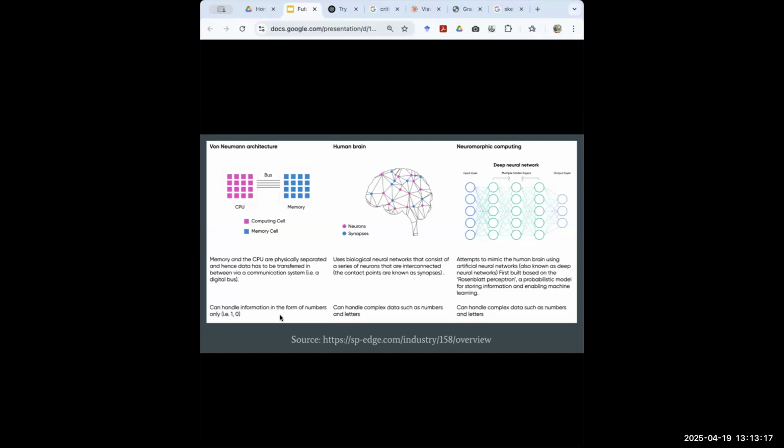I think this was first published in 1945, I believe. And then I think around the 1960s, Marvin Minsky and the folks developed the concept of perceptrons, which actually harness the power of this architecture to provide this artificial neuron.